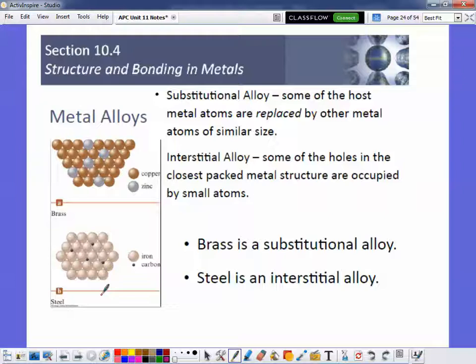Both of these are just ways to make other types of metals that typically will make the metal harder, and therefore more durable. Okay? So that's what's going on there. So just FYI. These are great multiple choice type questions because it's just definitions and stuff like that.